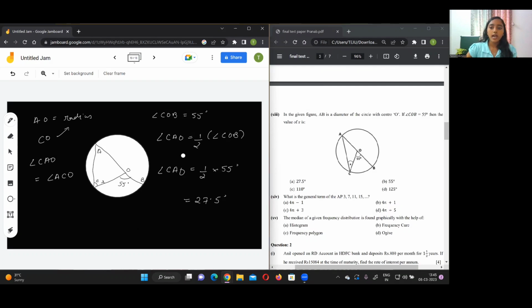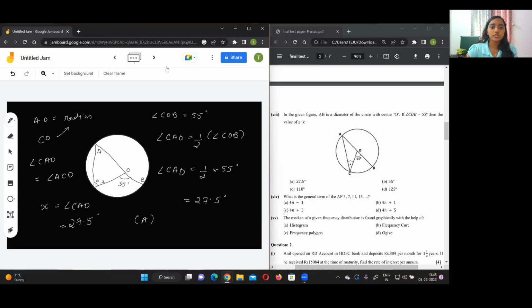So therefore, X will be equal to angle CAO, which is equal to 27.5 degrees. So that is your answer for the 13th question, option A.